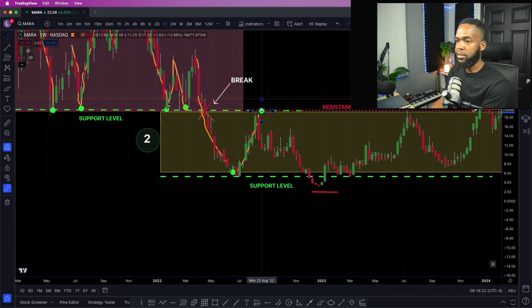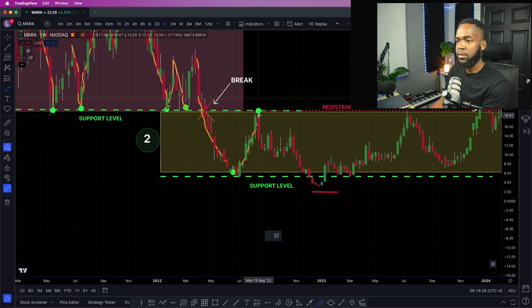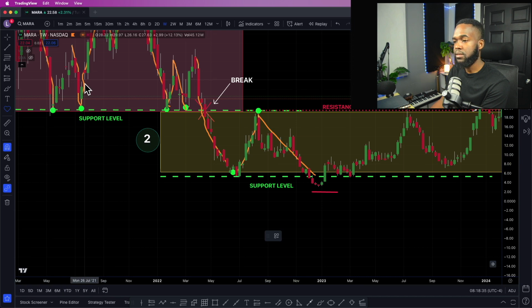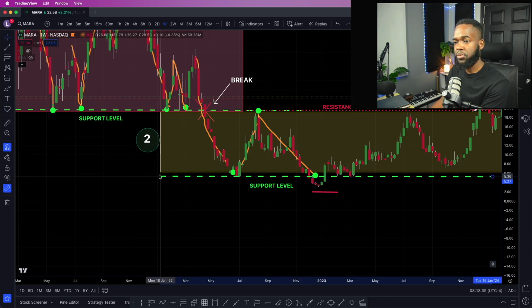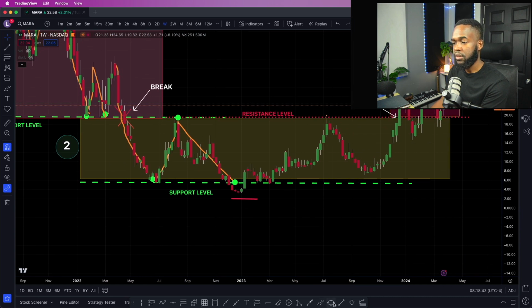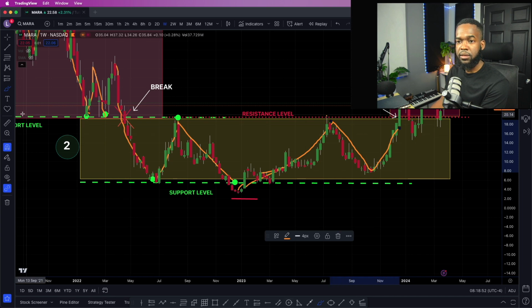So now we mark this level. Price hits this level and bounces back to this area. Now price is telling us that this area is a strong support level, and price keeps bouncing up and down into this area.